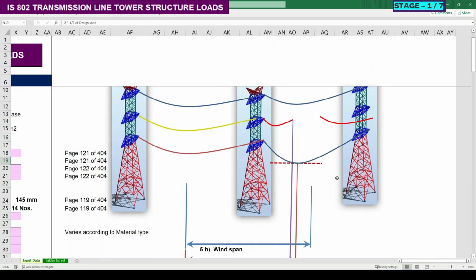So there is a formula: design span is equal to the root of the squares of L1, that is the first span, and the squares of the second span. That will give you the design span. Half of both sides of that design span, if you are considering, is the wind span. So wind span lies exactly between the center to center distance of the conductor.